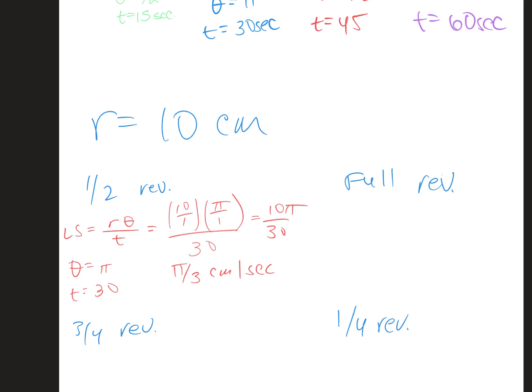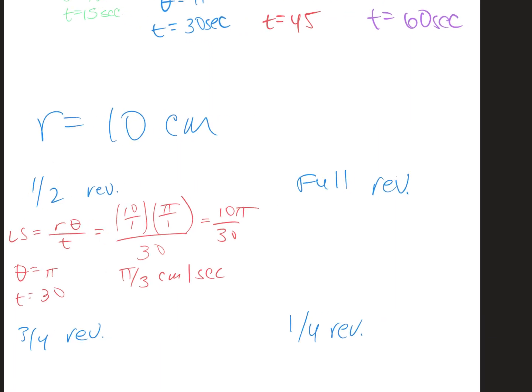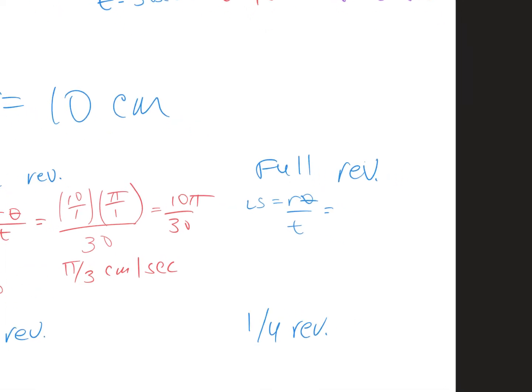Well, let's use that same second hand, but let's go an entire revolution, the whole way around the clock. In this case, my linear speed is still the same formula. What is my radius? It didn't change. It's still 10 over 1. But in this case, for a full revolution, what is your theta? 2 pi. And then what does your time become? 60.